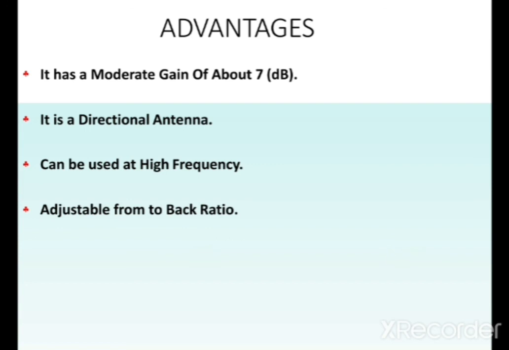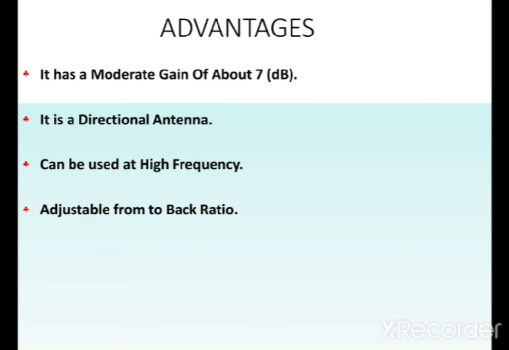For example, designing a 5 element antenna: the length of the driven element is near 0.5 lambda, or say 0.458 lambda, whatever it may be, and the length of the reflector is 0.55 lambda to 0.58 lambda.